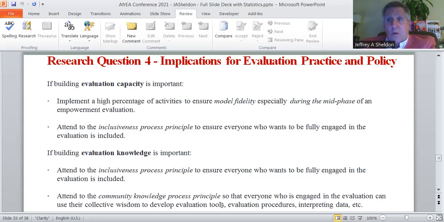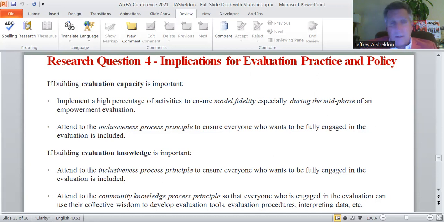Towards the end, things are kind of winding down. The middle phase is the meat, if you want to call it that, of the evaluation.